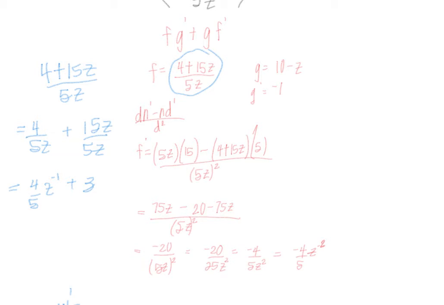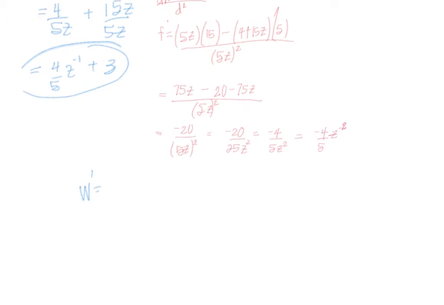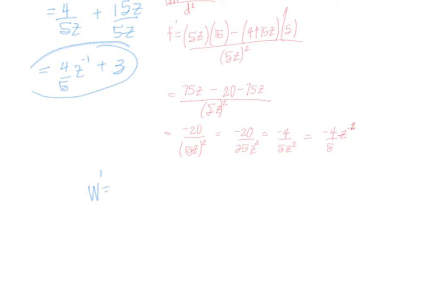And if I would have rewritten that from the very beginning, then I wouldn't have had to do a quotient rule whenever I took the derivative of it. Okay, so first function, 4 over 5 z to the negative 1 plus 3.